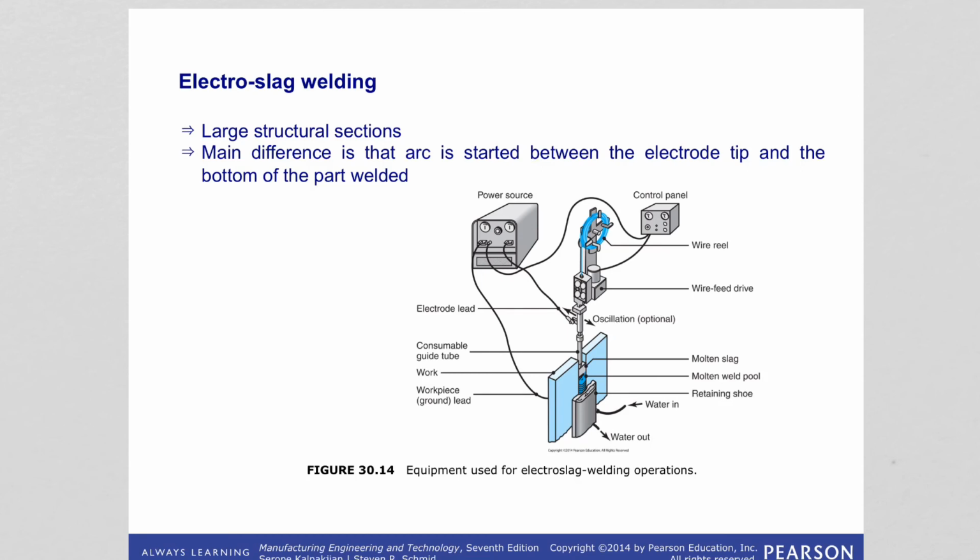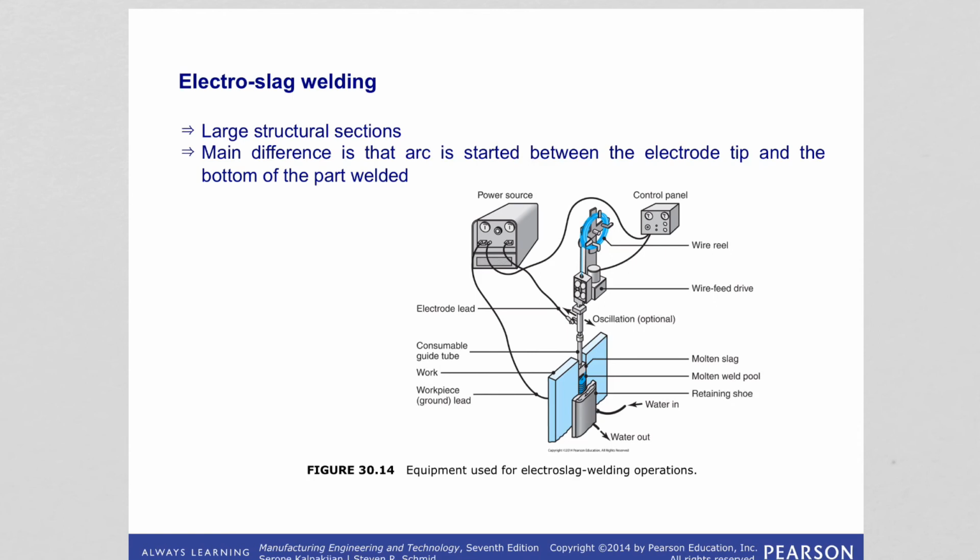Similar process is electroslag welding. In this case, the main difference is the arc is initiated between the electrode tip and the bottom of the part to be welded. Flux is added, which melts by the heat of the arc, and then the slag forms, and the molten slag reaches the tip of the electrode, and the arc is extinguished.